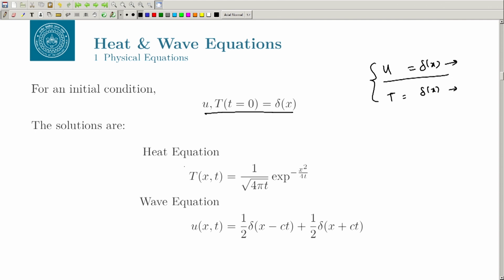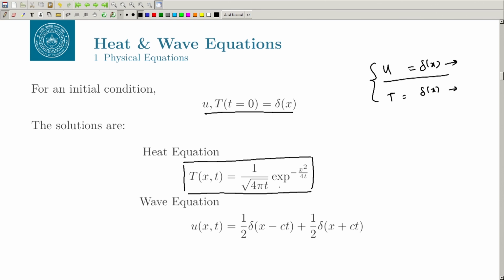So, this is the solution that you will find for the heat equation. Without going into the derivations, I am sure you must have derived it in your math course. You know how to solve the partial differential equations, finding the general solution and particular integral, and you can basically solve it.